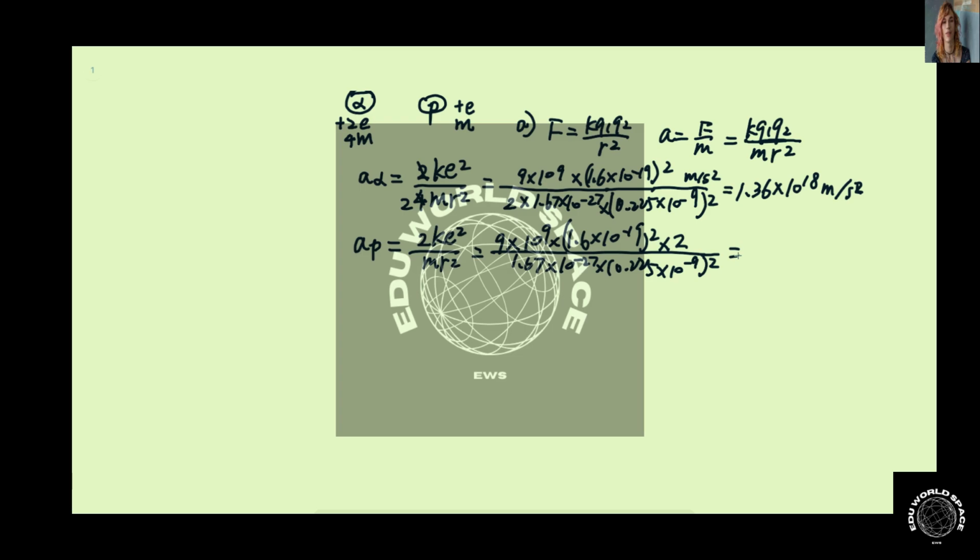So this ended up being 5.44 times 10 to the 18 meters per second squared. You can see this is 4 times larger than the previous one, and that actually satisfies the conservation of momentum.